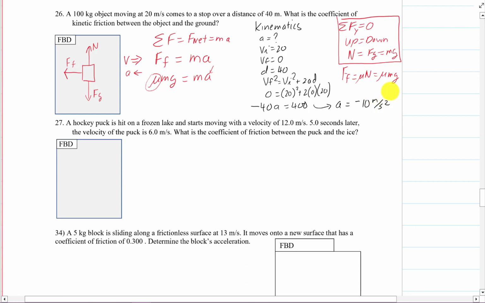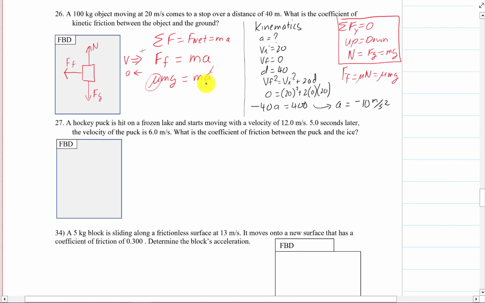Okay? Negative because it's in the direction that I chose positive. I chose to the right positive. But we now know, obviously, it is negative because I told you that acceleration is in the opposite direction. So I don't put negative in here because in my Newton's second law here, I said the winning force, which is positive, is to the left.